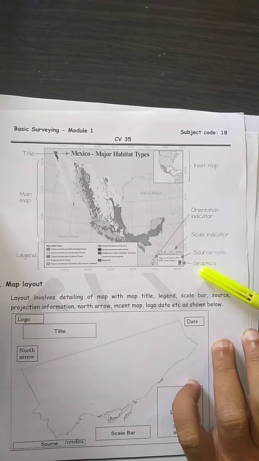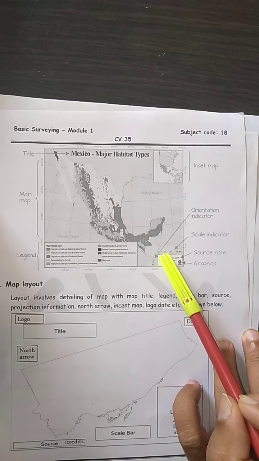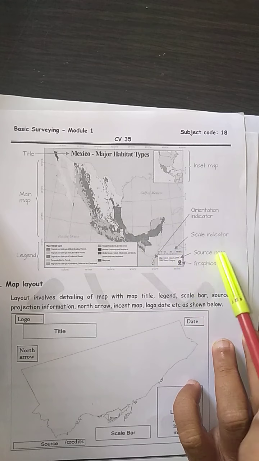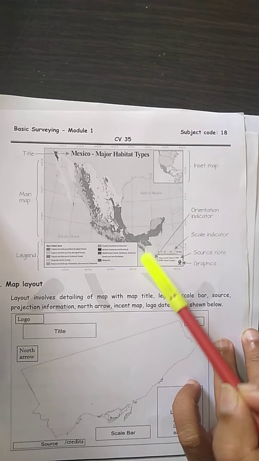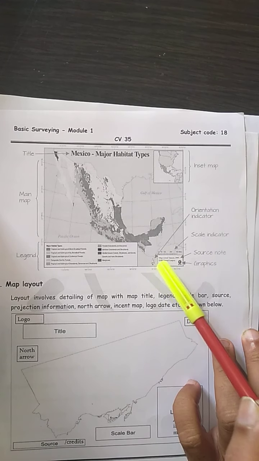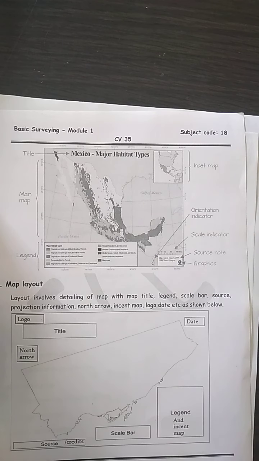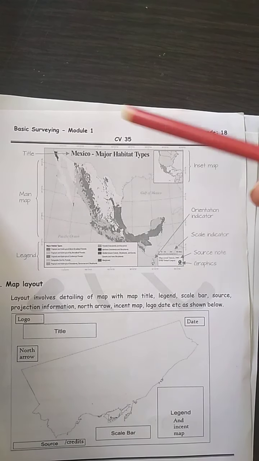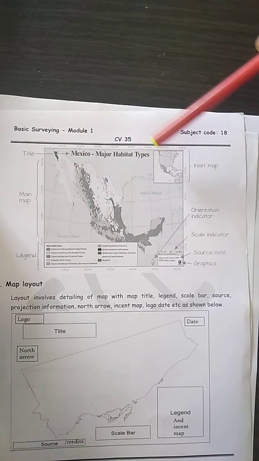Then here you have the graphic notes, then the source, then a scale indicator. Here you need to have the scale. Here you see some lines, these are nothing but the scale, and here the north arrow, N, represents the orientation or direction of the map. And then here is your main title, as I have told.